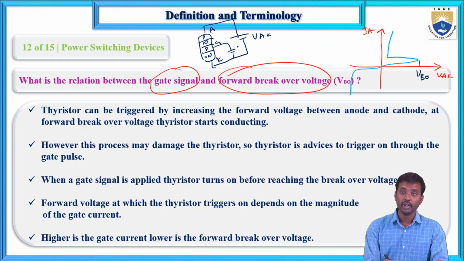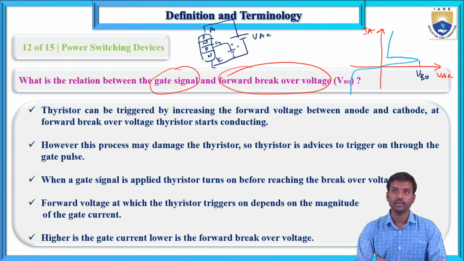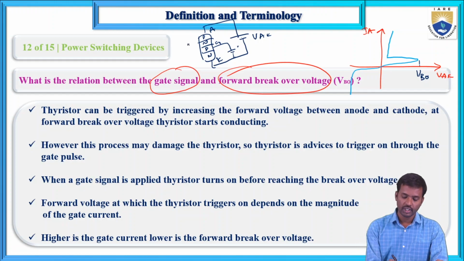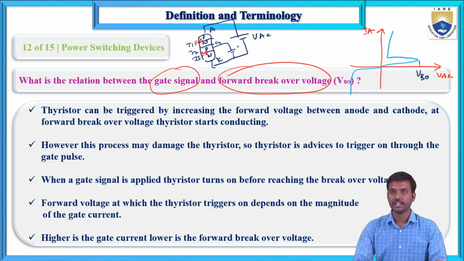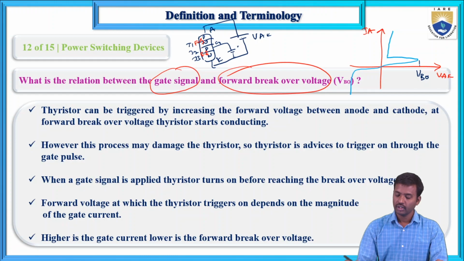What will happen if the positive terminal is connected to the anode and the negative terminal to the cathode? Junctions J1 and J2 are in forward bias condition, and J3 is in reverse bias condition. Up to here is the forward blocking mode.